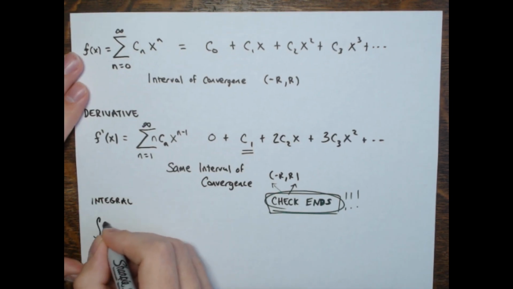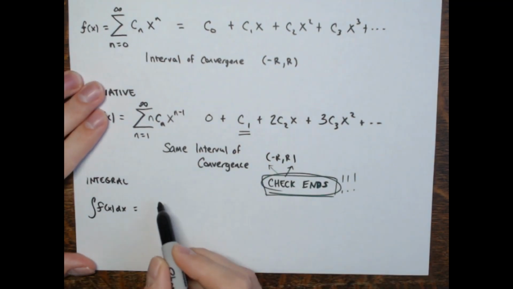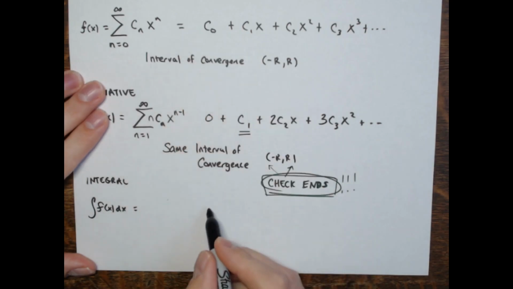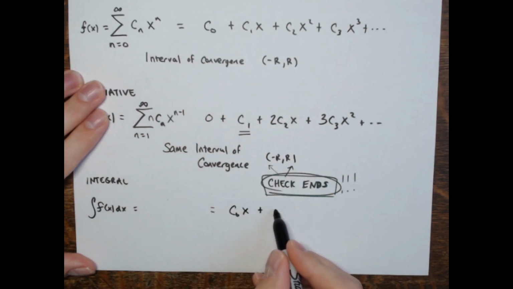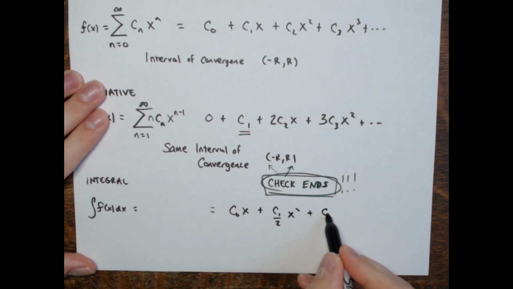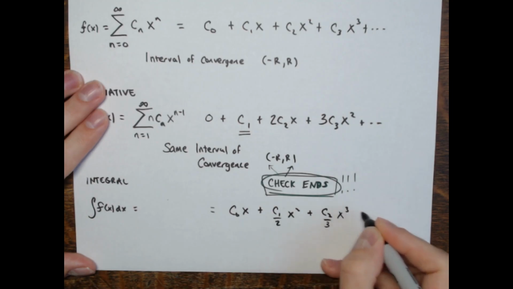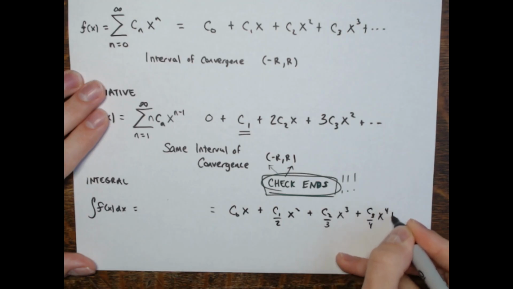When I integrate f of x with respect to x here, on the right side it'd be c0 x plus c1 over 2 x squared plus c2 over 3 x cubed plus c3 over 4 x to the fourth.